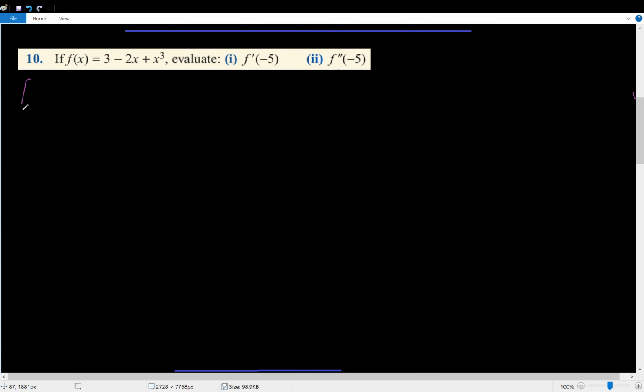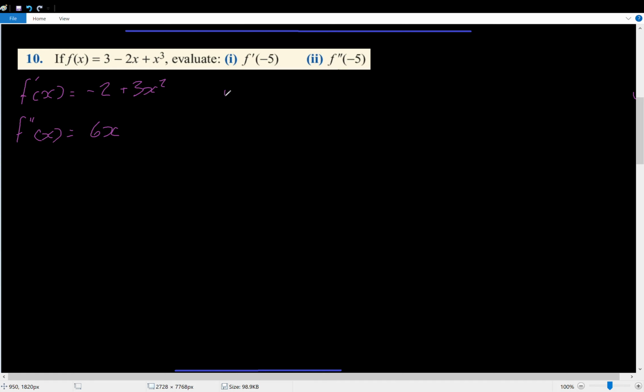We're going to get our first derivative, the f dash of x, and that's going to be equal to minus 2 plus 3x squared. And then we're going to get our second derivative from that, which is going to be equal to 6x, like that.